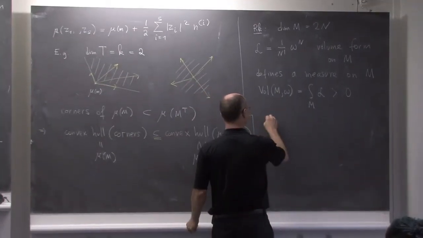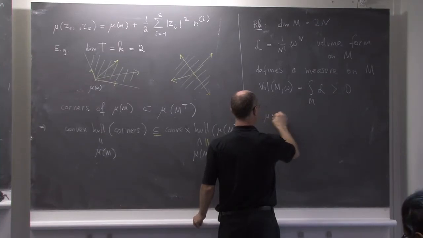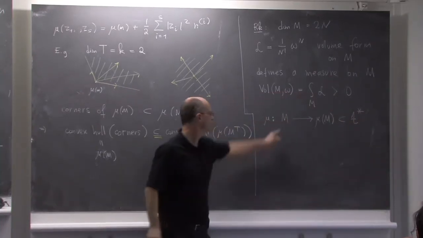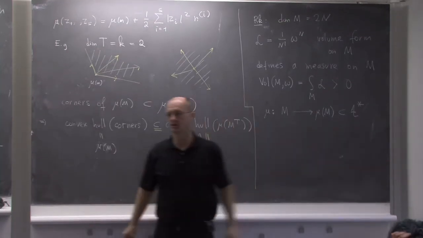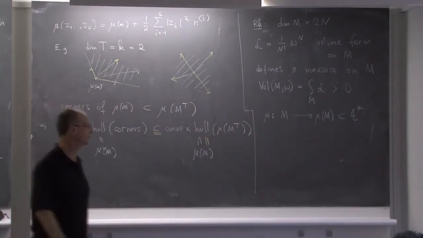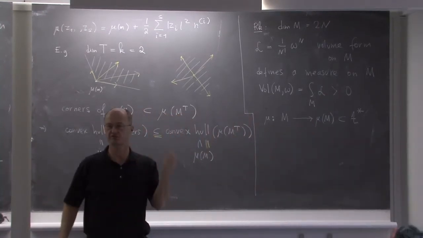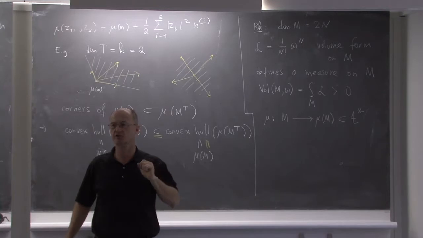Now, we have a map mu to the image of M inside T star. So this is a convex polytope. And now for measures, the natural thing is to consider push forwards, right?